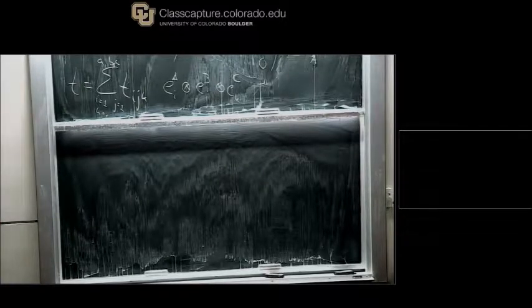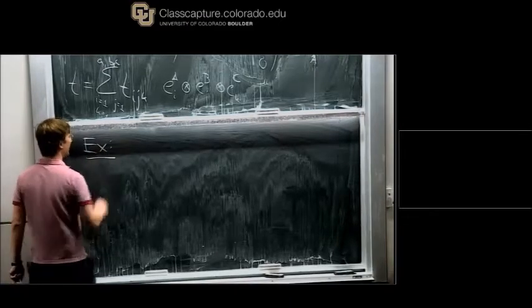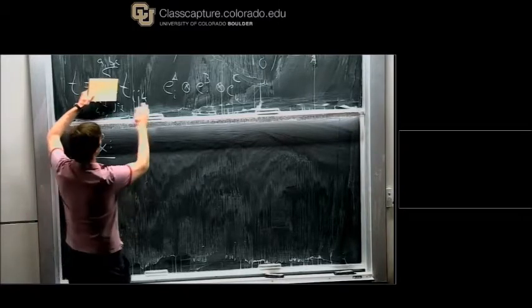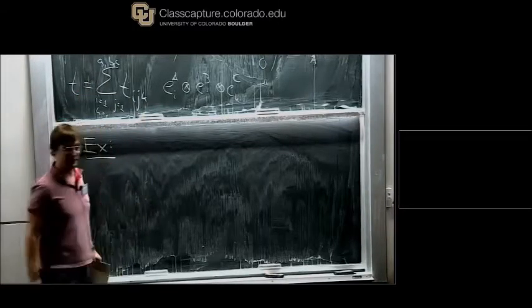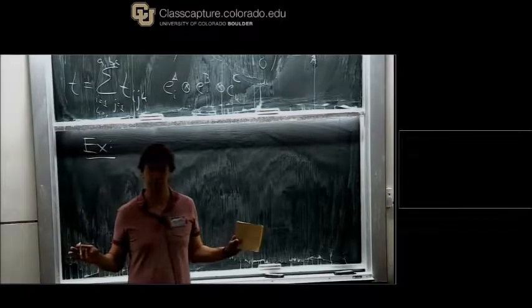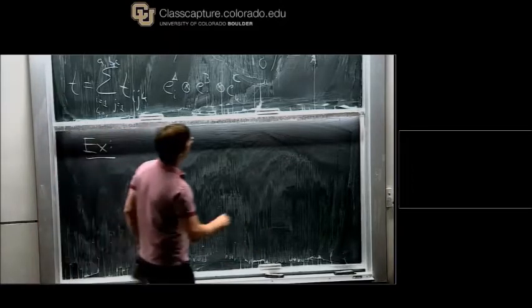All right, so here are some examples. Maybe one thing I should say is that of course T_ijk is an array, a three-dimensional array of complex numbers.